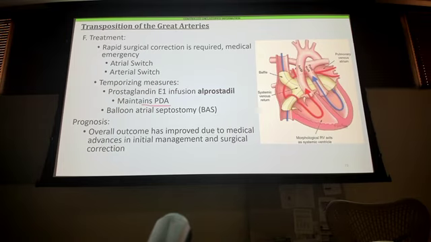So instead of giving ibuprofen or indomethacin to drop my prostaglandins, to close the PDA, let's give them prostaglandins to keep it open. And that's what alprostadil does, or a prostaglandin E1 infusion does. It keeps that ductus arteriosus open, so at least I'm having some kind of mixing of left and right circulation.